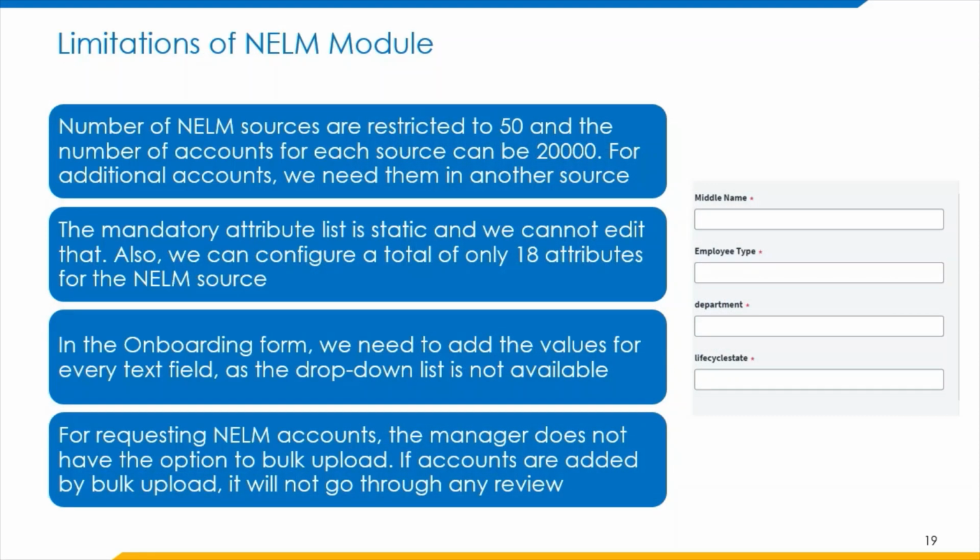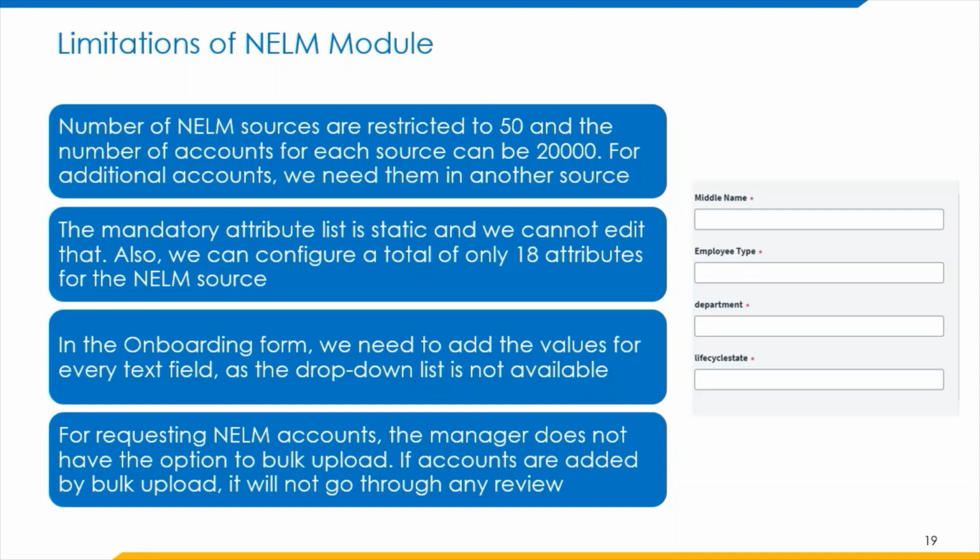Limitations of the NELM module. The number of NELM sources is restricted to 50 and the number of accounts for each source can be 20,000. For additional accounts, we need another source. The mandatory attributes list is static. We cannot edit that. Also, we can configure a total of only 18 attributes for the NELM source.